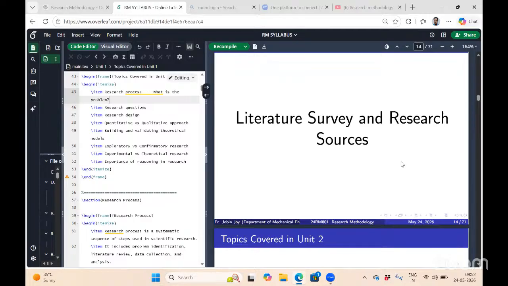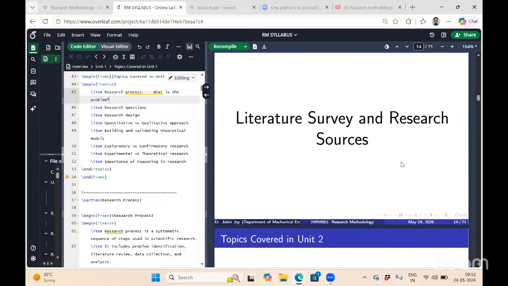Once you have identified the research problem, the next step is to conduct a detailed literature review. Literature review means reviewing the previous studies related to a particular topic. The particular topic will be your research problem. After identifying the research problem, you have to conduct a detailed study about that particular topic. This is what is called a literature review.